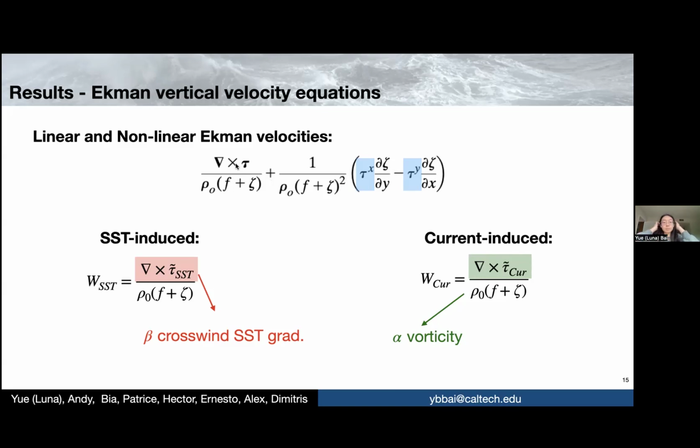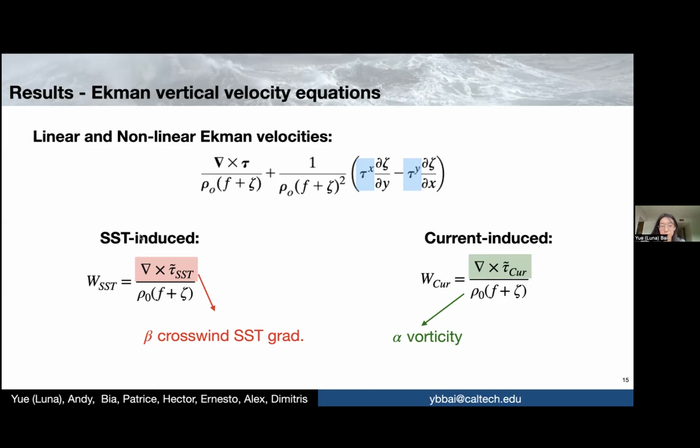And it's kind of straightforward because in the formulation of the linear Ekman vertical velocity, there's this wind stress curl component that pops up. Because we know the correlations between the crosswind SST gradient and ocean surface vorticity with this wind stress curl, we can approximate the wind stress curl by ocean surface fields.